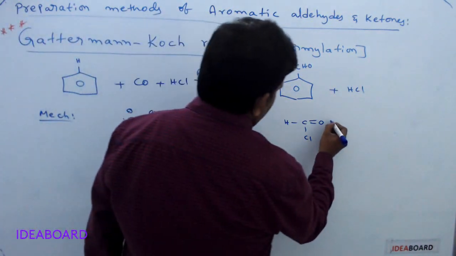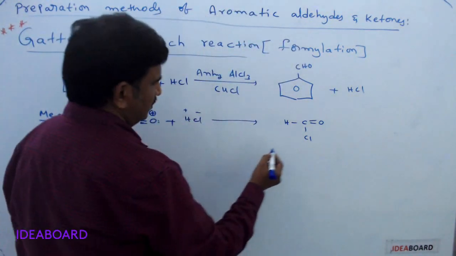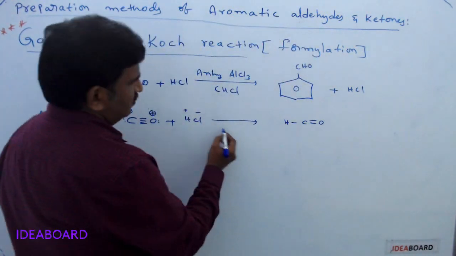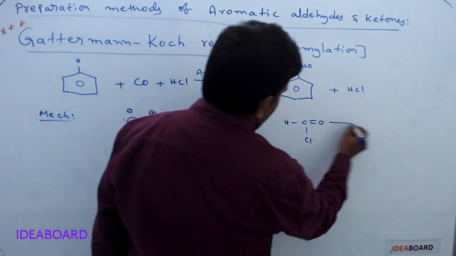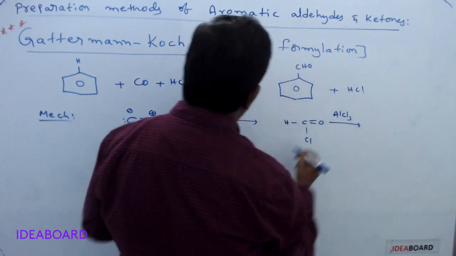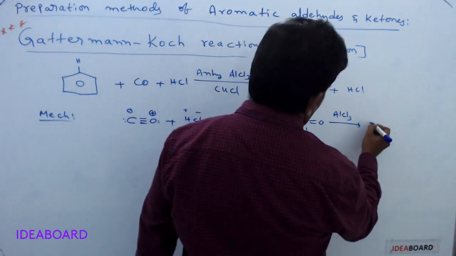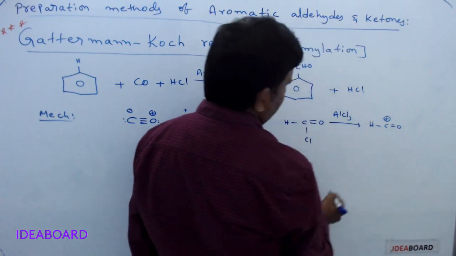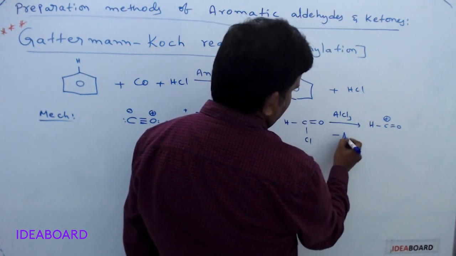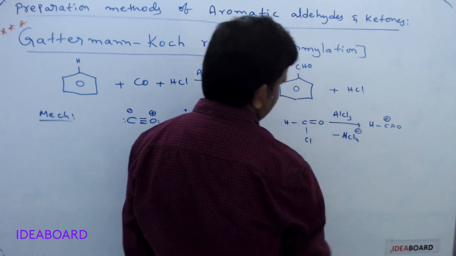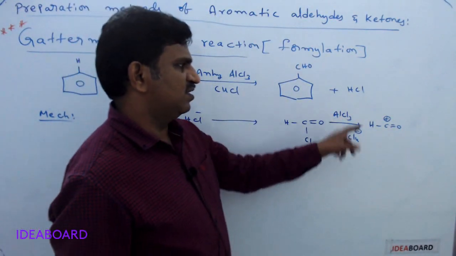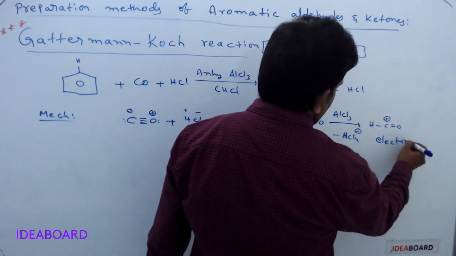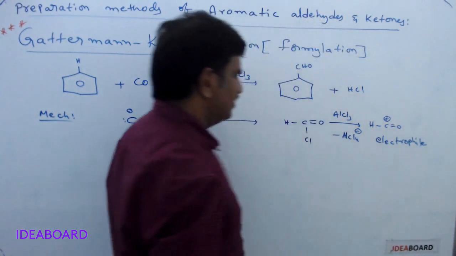If AlCl3 is present, anhydrous AlCl3, we get HC double bond O plus by removal of Cl as AlCl4 minus, as Lewis acid attracts the Cl. And this is the electrophile.